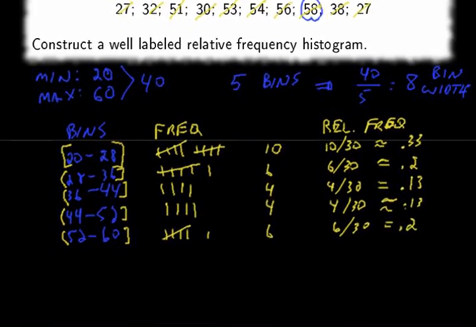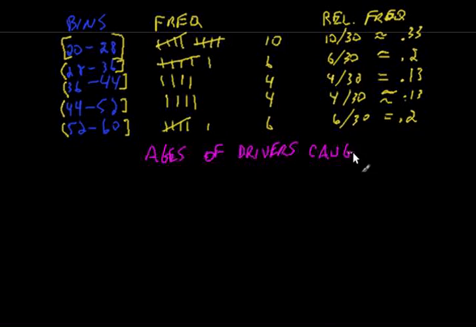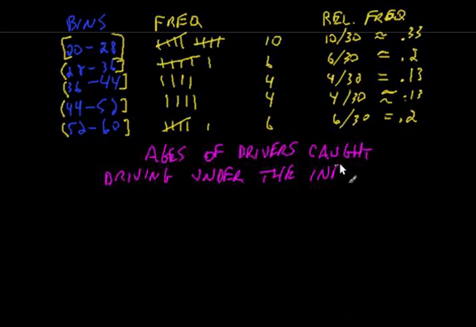And finally, we get around to drawing the histogram. So we will put a title: ages of drivers caught driving under the influence of alcohol.